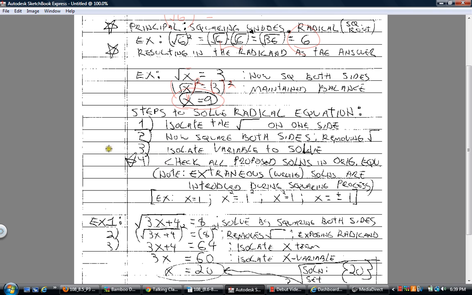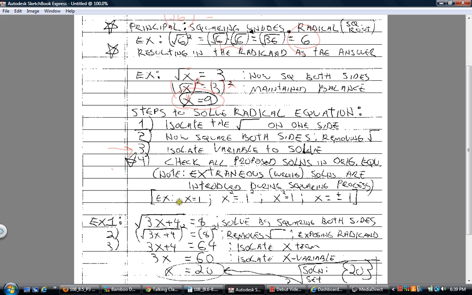Then work with your usual algebra toolbox properties and isolate the variable to solve it. And then here's the kicker: we need to check all proposed solutions in the original equation. This can be a little bit of a pain, because erroneous solutions are introduced when you square numbers.